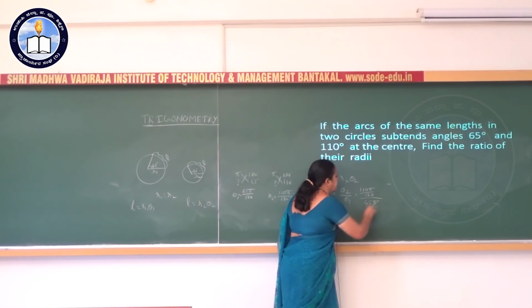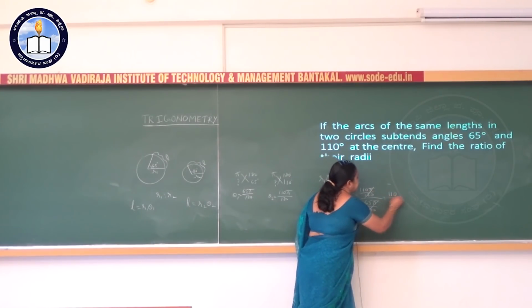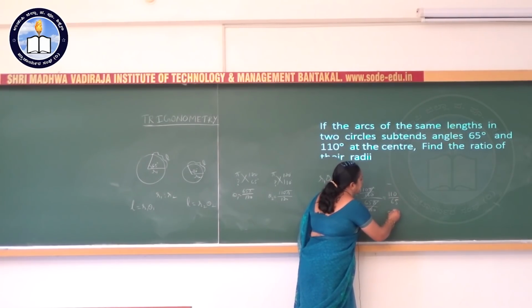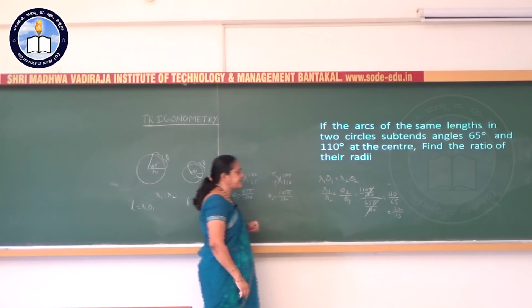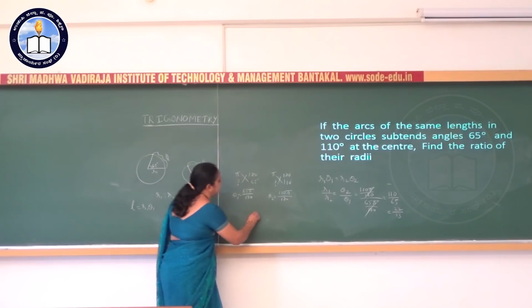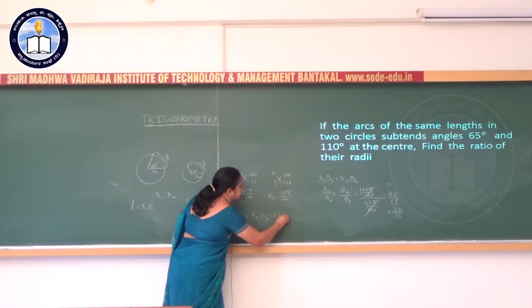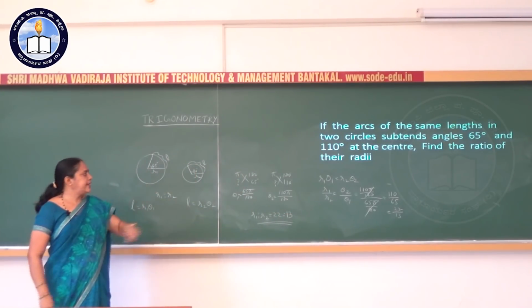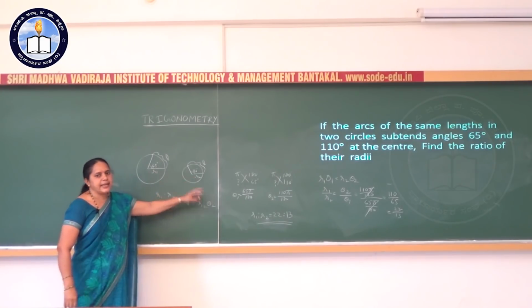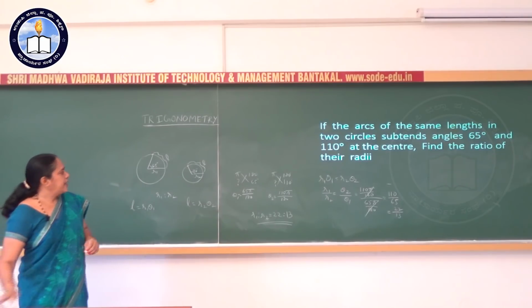You can cancel pi by 180, 110 divided by 65, that's equal to 5 13s are 5, 22s are... Therefore, R1 is to R2 is equal to 22 is to 13. Therefore, the ratio of the radii of the two circles is equal to 22 is to 13. Okay.